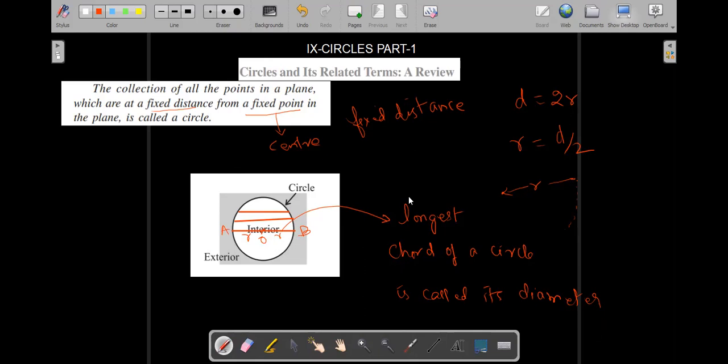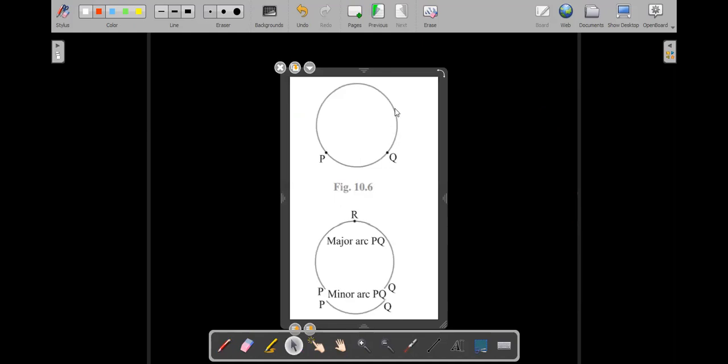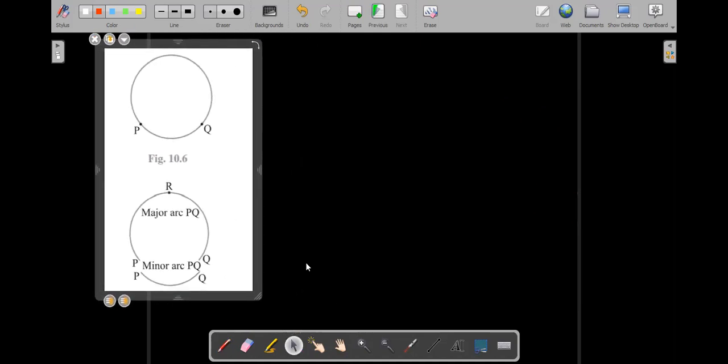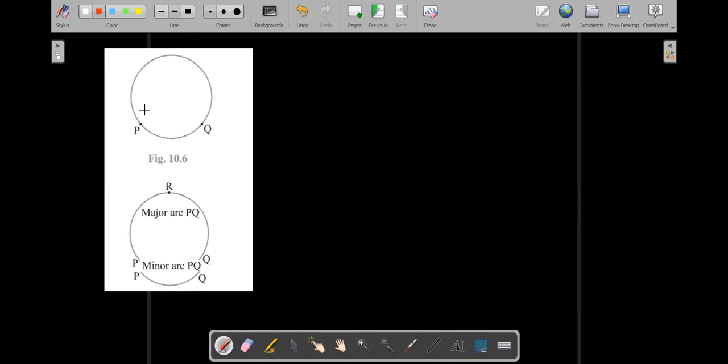Then we have arcs. When you take 2 points, suppose P and Q, it is dividing the circle into 2 arcs.